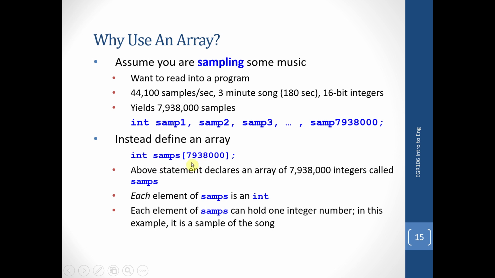So if I declared this 7,938,000 big, I'm actually going to start my array at 0, which means the last element in the array would be 7,937,999. Hopefully that makes sense. Each one of those individual elements, which is what they're called in an array, can hold one integer, so we can hold one data point with each individual element.